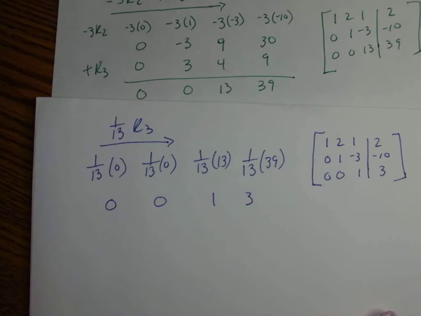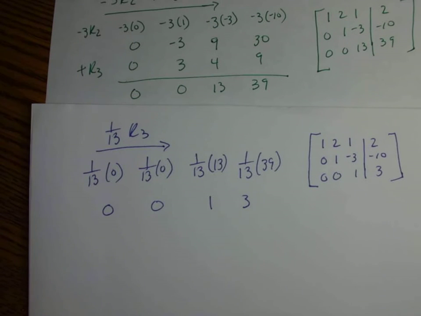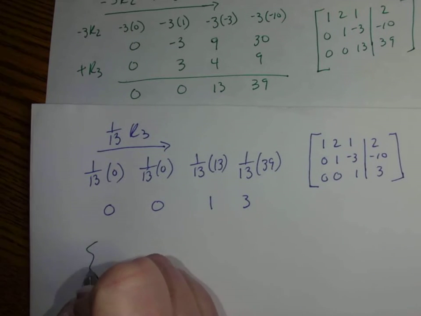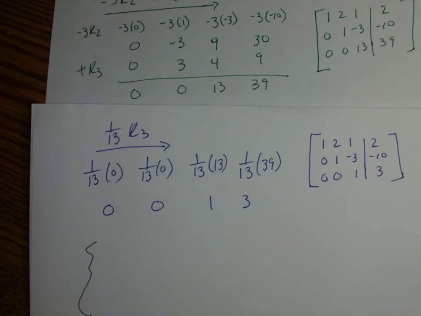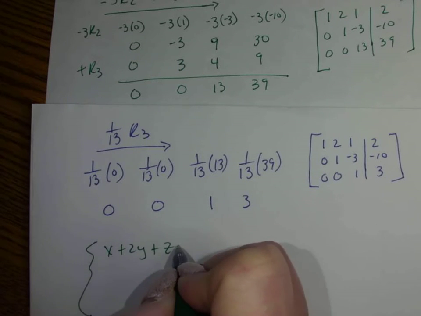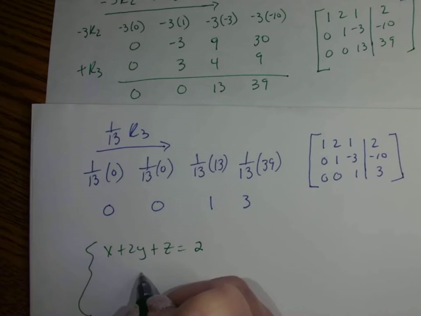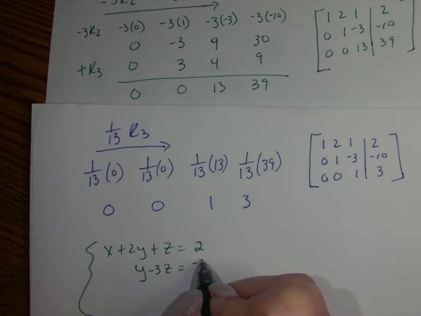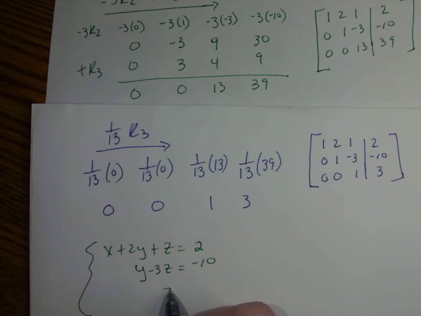So now what we need to do is rewrite our system. So our system will be x plus 2y plus z equals 2. y minus 3z equals negative 10. And z is equal to 3.